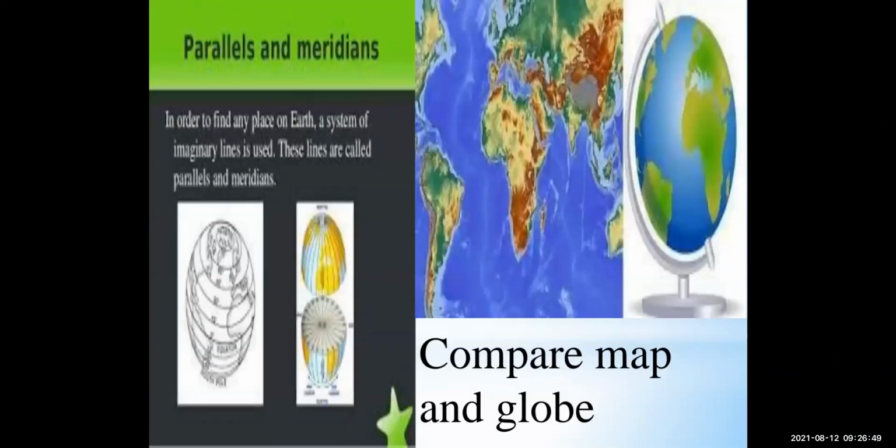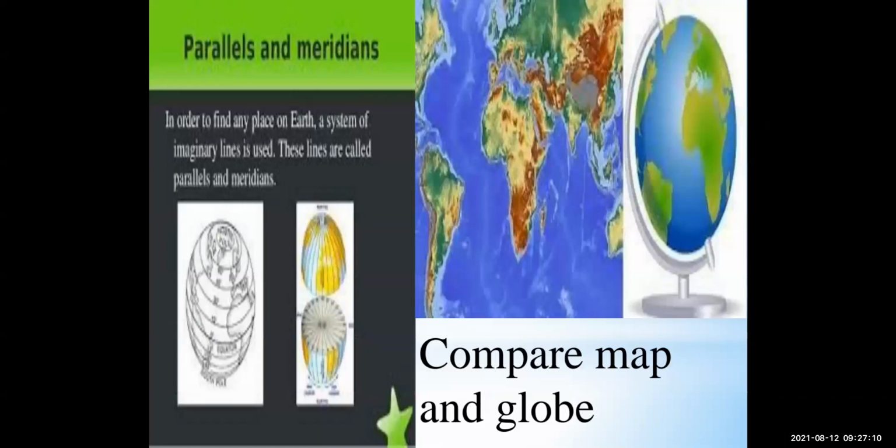Here, students, you have learned about the parallel lines and the vertical lines on the globe, and this gives information about the exact place on the earth.